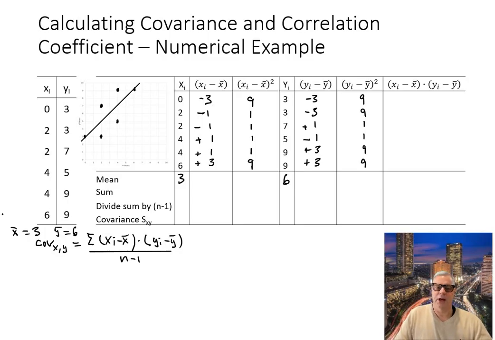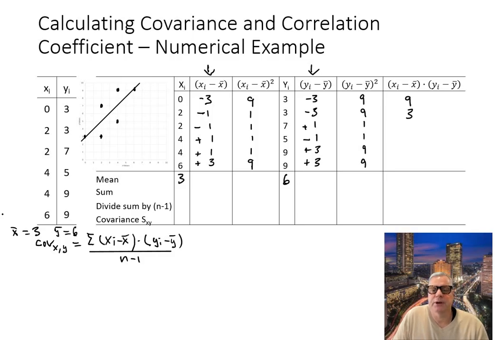Okay, so now in order to calculate the covariance, we need to multiply these two columns. Negative 3 times negative 3, 9. Negative 1 times negative 3, 3. So you see it's always a positive value, suggesting we probably get a positive relationship, and we can see the positive relationship.